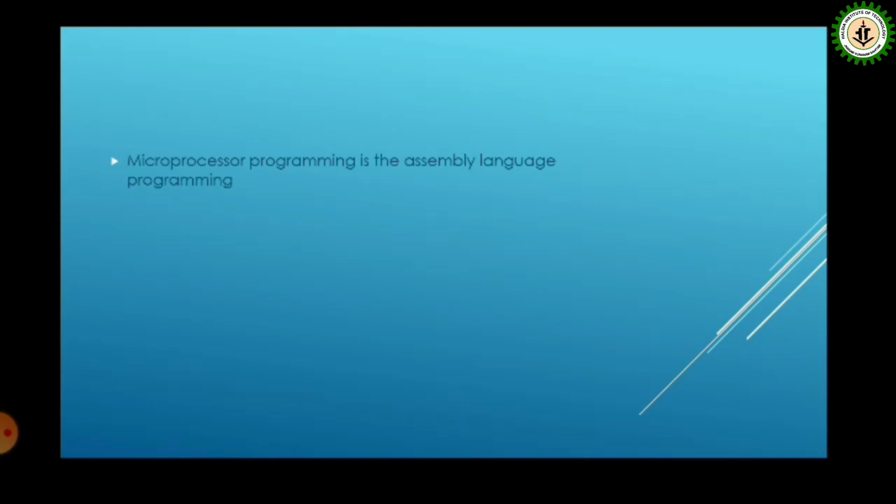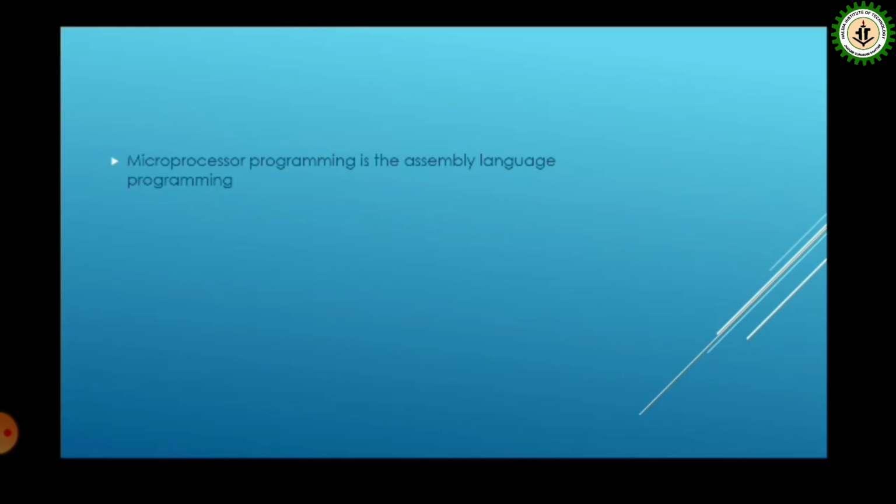And for that purpose the assembler needed for different types of microprocessor, they are different.